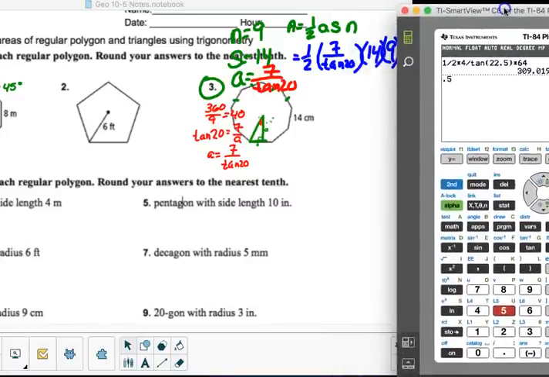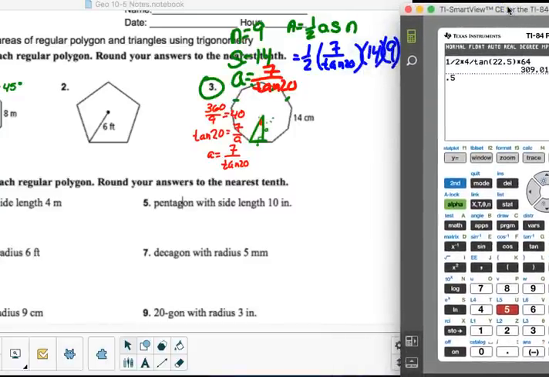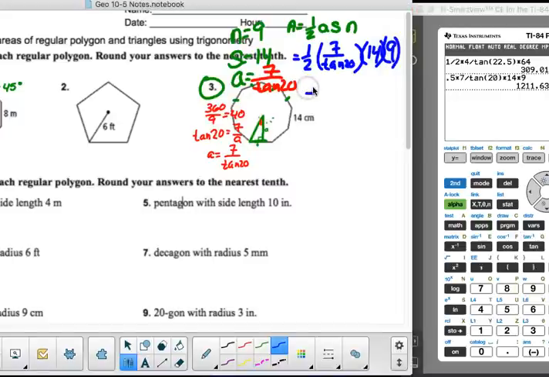So I got 0.5 times 7 divided by the tangent of 20, close my right parenthesis, times 14 times 9. And that'll give me 1,211.6. So this is 1,211.6 centimeters squared.